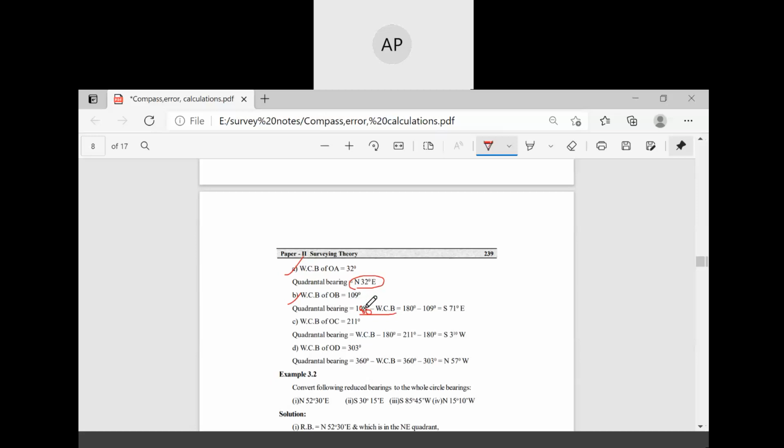Quadrantal bearing will be 180 minus whole circle bearing. So 180 degrees minus 109 degrees will be 71 degrees east. This way you have to convert. Have you understood? It is not 108, it is 180 minus WCB.